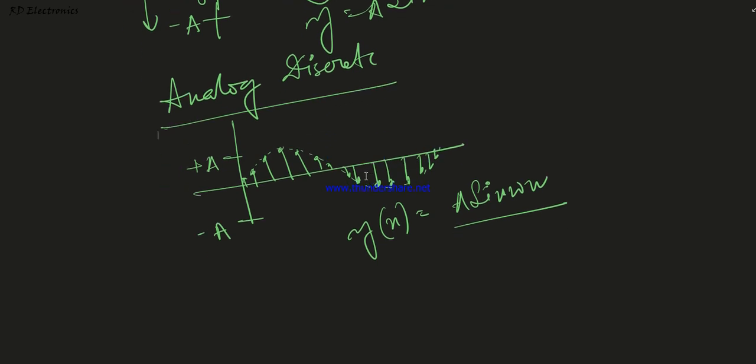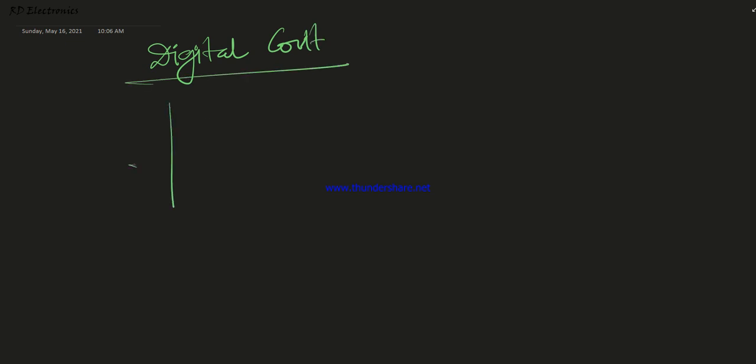Next one is the digital continuous signal. Digital continuous signal looks like a square wave, represented by 1 0 1 1, where this is the time domain t, and this is represented by x(t), that means information.